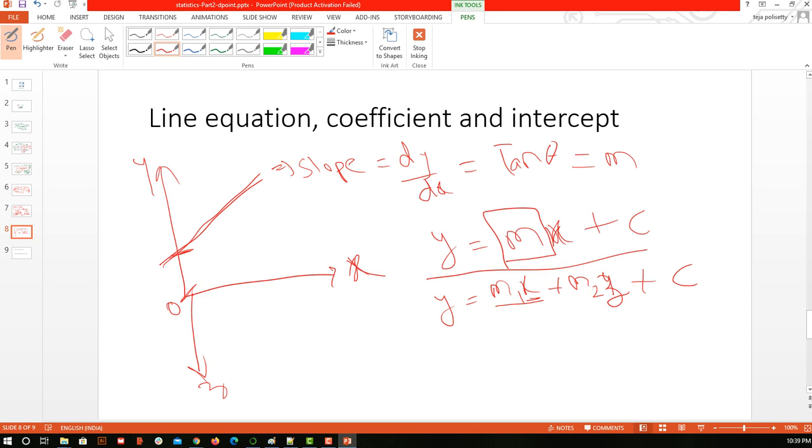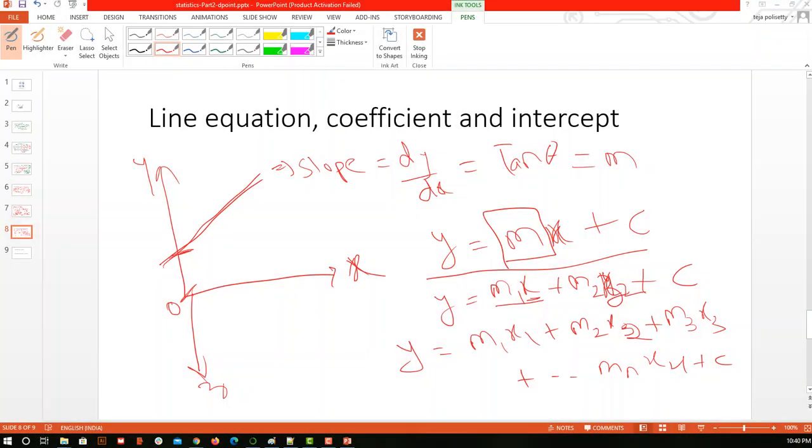Similarly, if there are more dimensions, you can write y, our output label, equal to m1x1. Here z, let's say, is another dimension, so I am calling it x2. Similarly, if you have n dimensions, you can write m3x3, and so on up to mnxn, but you will have a common intercept called c.